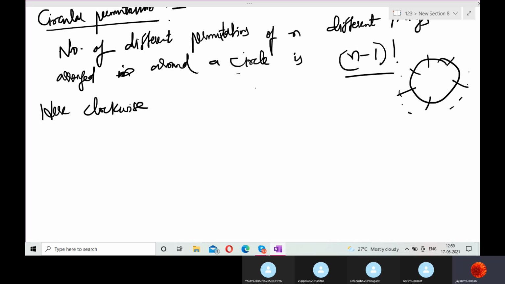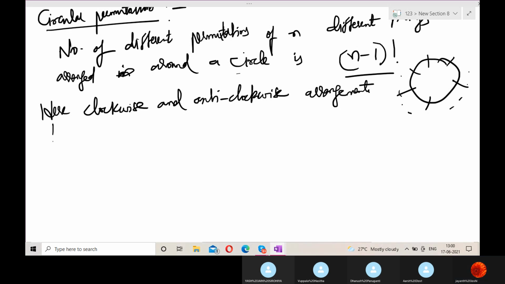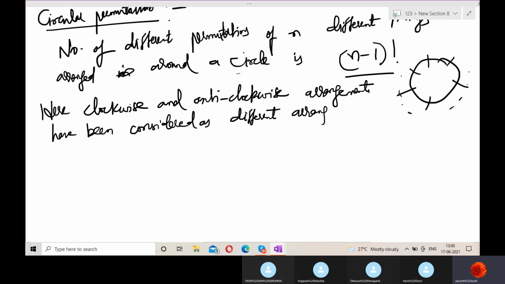So here clockwise and anti-clockwise arrangements are considered as different arrangements.